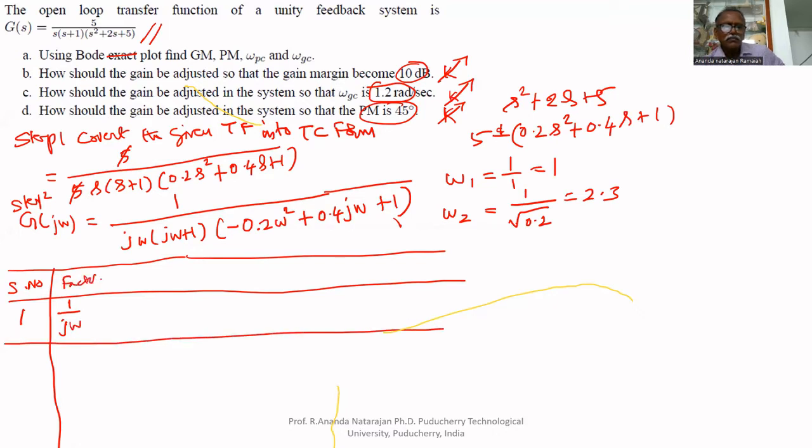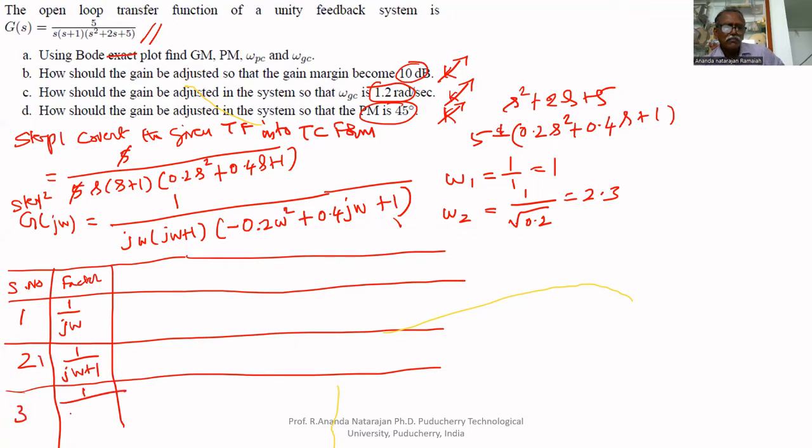Second factor is 1 by j omega plus 1. And the third one is 1 by minus 0.2 omega square plus 0.4 j omega plus 1.